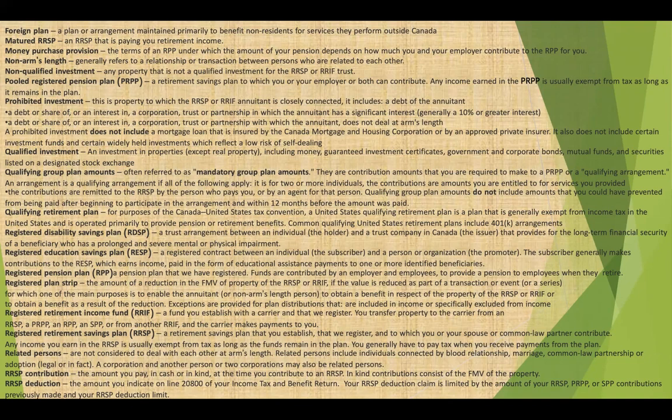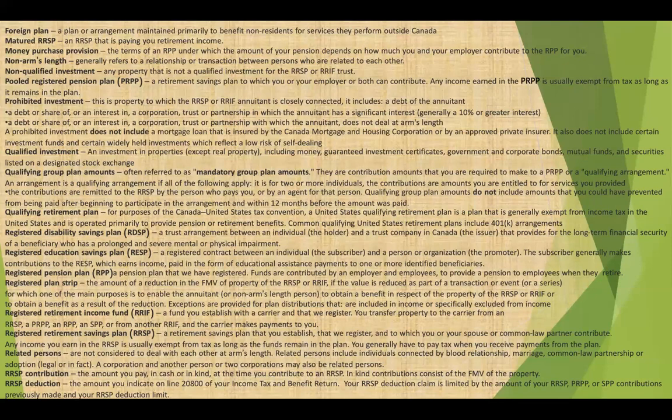Non-arm's length refers to a relationship or transaction between two persons who are related to each other. The non-qualified investment is any property that is not qualified for the RRSP or for the RRIF trust. Pooled registered pension plan, a retirement savings plan to which you or your employer both contribute.